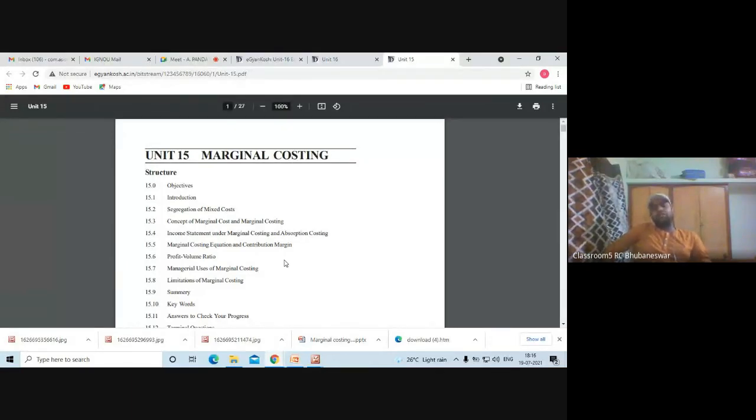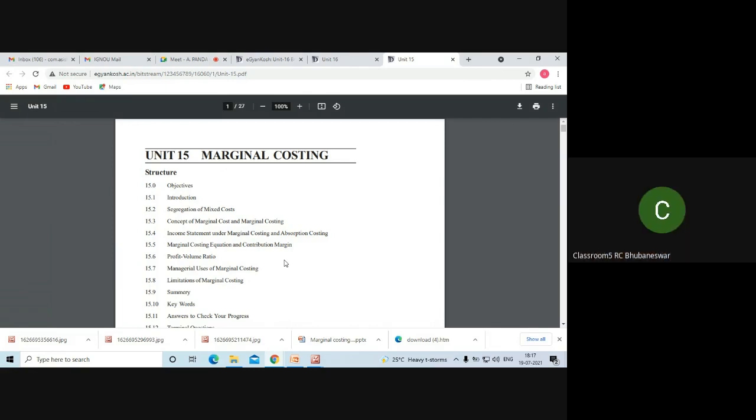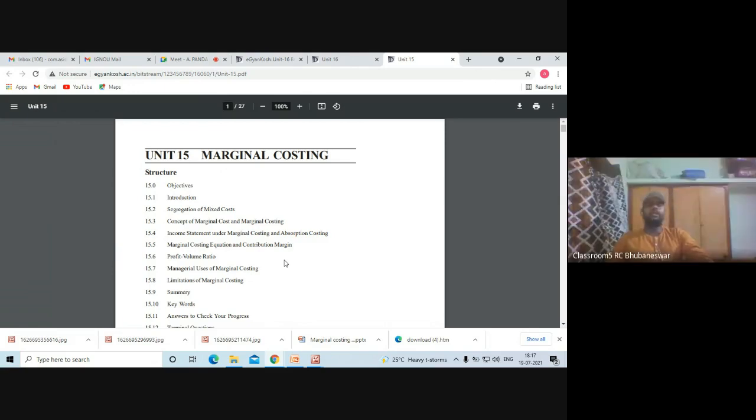So what is margin of safety and what is angle of incidence? Just write it down. Angle of incidence and margin of safety. Okay, first write margin of safety. So what is margin of safety? Here the name is suggesting everything. Safety margin means it is the excess of actual sales over and above the break-even sales.